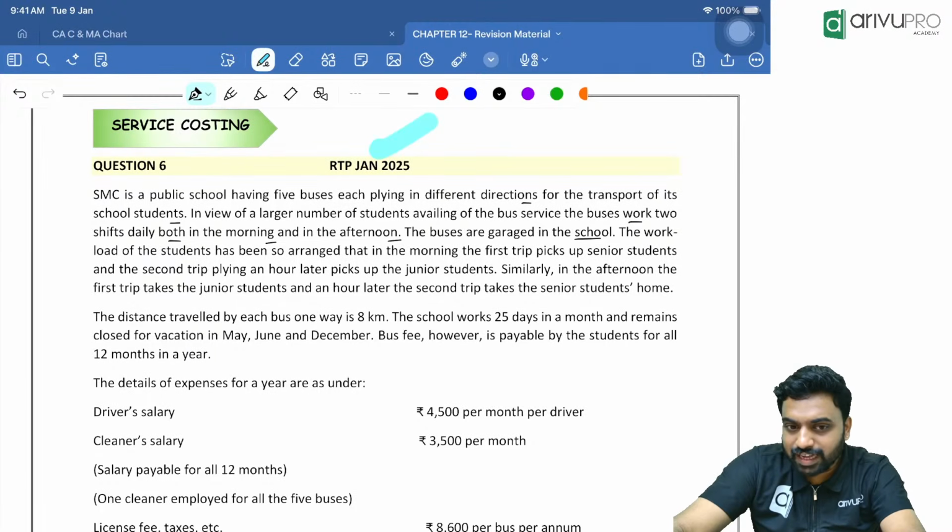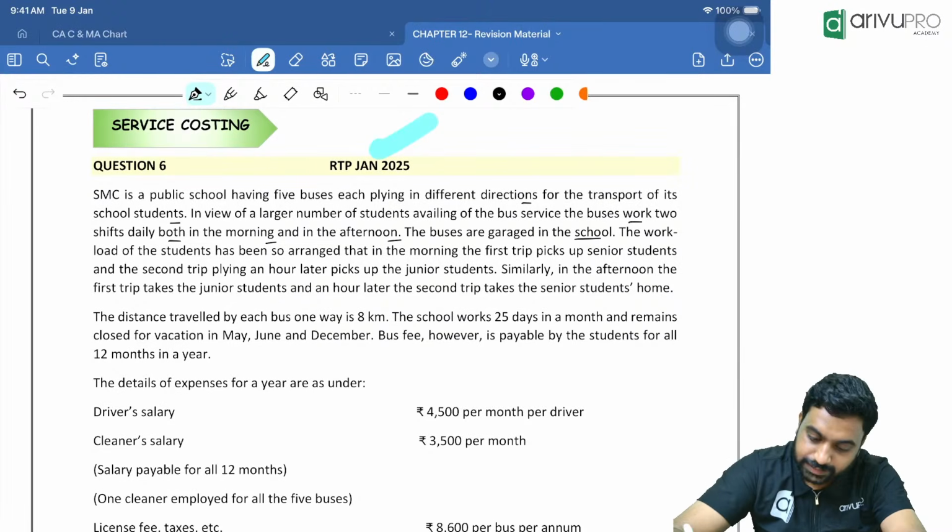If rather than coming back to school, the bus stays near the senior's house only, then in the morning they don't have to go back from school to the senior student. That kilometer will be saved. Kilometer will be reduced. Got it? Evening you don't have to come back, that kilometer also will be reduced. So that's the reason they have told. That means from school it starts, in school it ends.